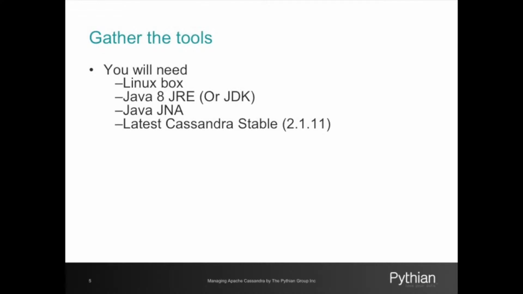So the first part is about the tools, what you need. Linux installation. You will need Java 8, JRE or JDK, it's up to you. Make sure it's the Oracle Sun Java version.